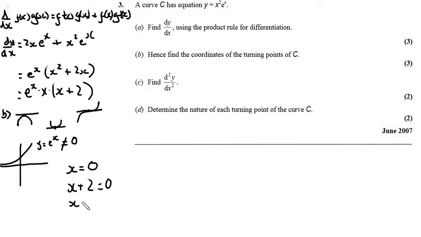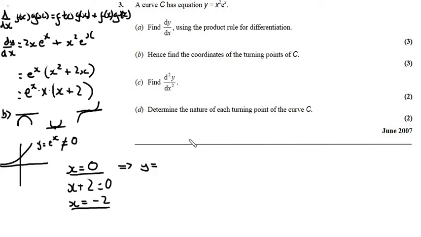In other words, when x equals minus 2. Okay, so we just need to plug x equals 0 and x equals minus 2 into the original function to find the y coordinates. So let's do that.